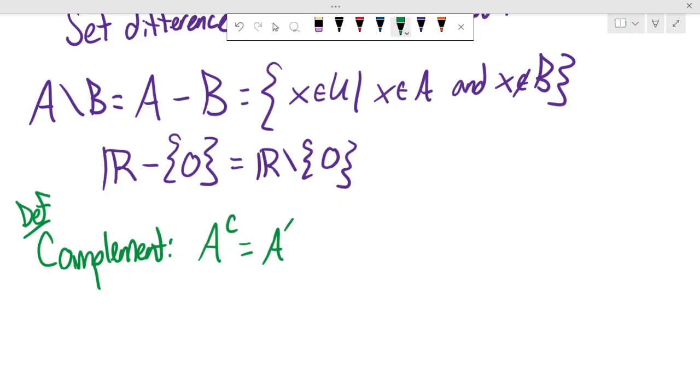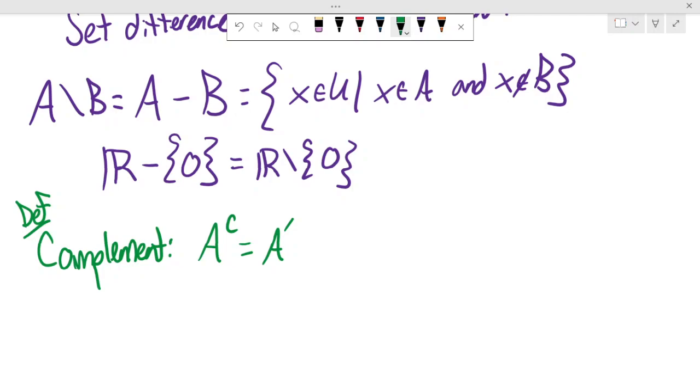I've also seen A prime used somewhat often, which I also don't really like. When we're talking about matrices, that's typically reserved for the transpose. But it's also typically used for derivatives. And it's also just used as like an index.